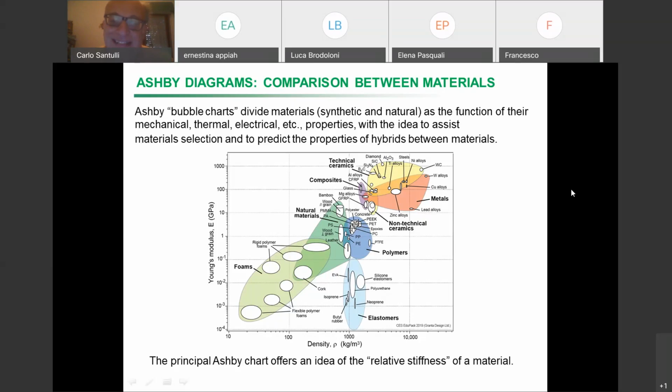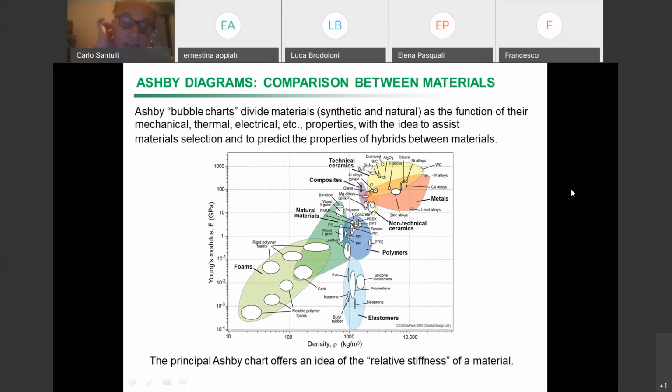Otherwise, they are technical ceramics, like alumina. Even diamond can be considered a technical ceramic because, even though we didn't apply any technology to diamond, it has a very low porosity. So non-technical means with high porosity, technical means with low porosity.